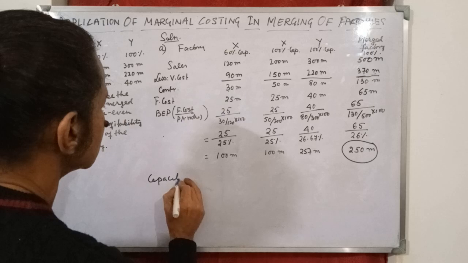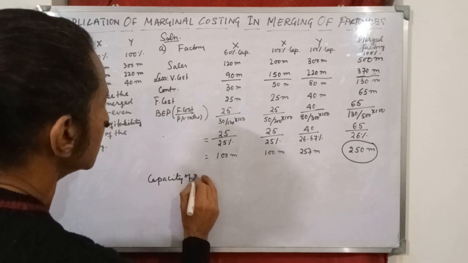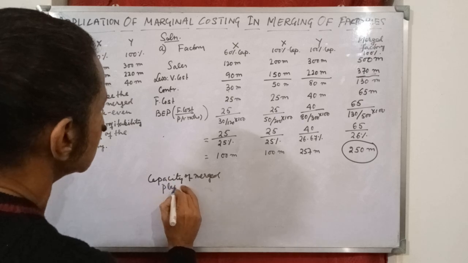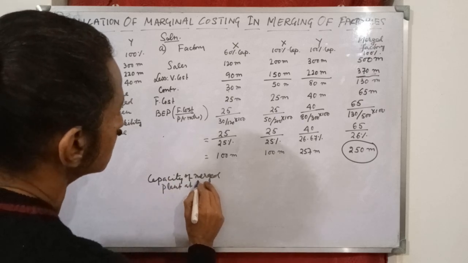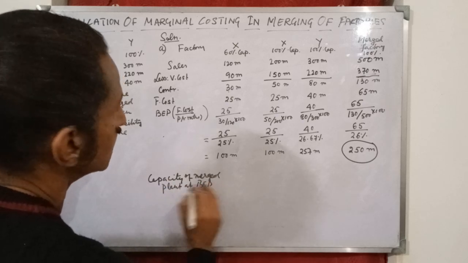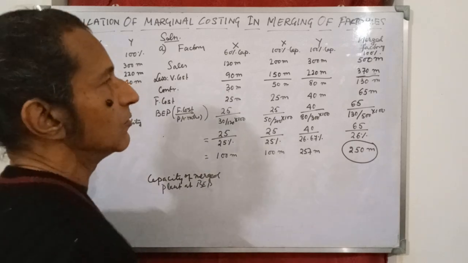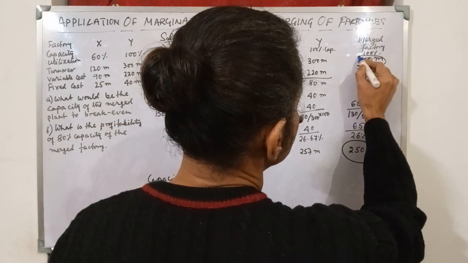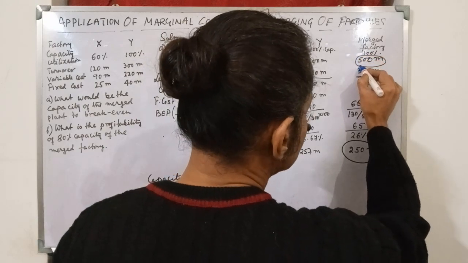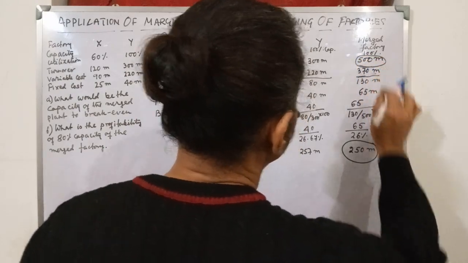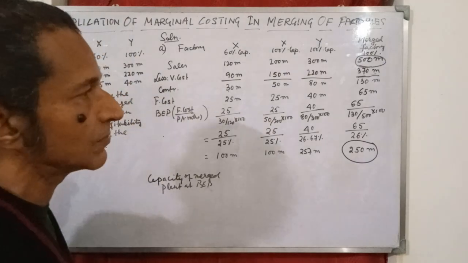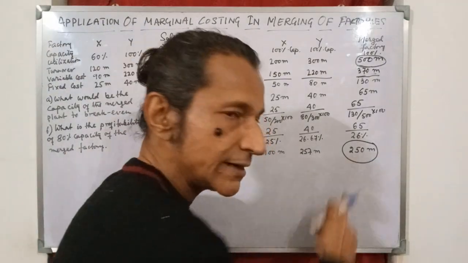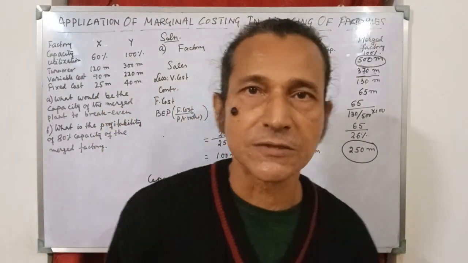Capacity of merged plant at BEP: you see, with 100% capacity the merged factory's turnover is 500 million. So when the turnover is 250 million, that is the break-even turnover, break-even sales.